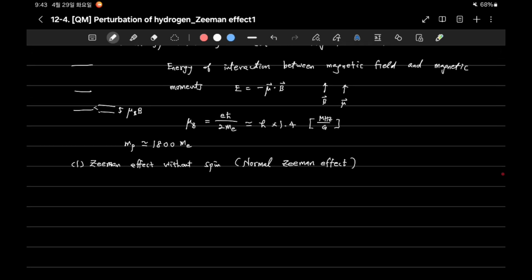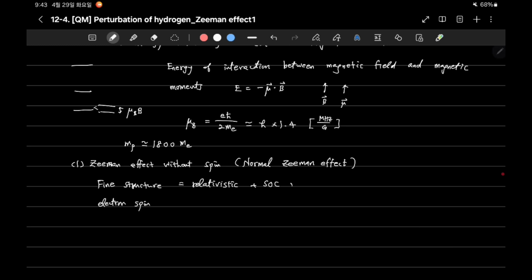In the fine structure, which we studied, it consists of the relativistic effect plus spin-orbit coupling, the spin-orbit interaction, that results in the fine structure of hydrogen. Also, we already know about electron spin.